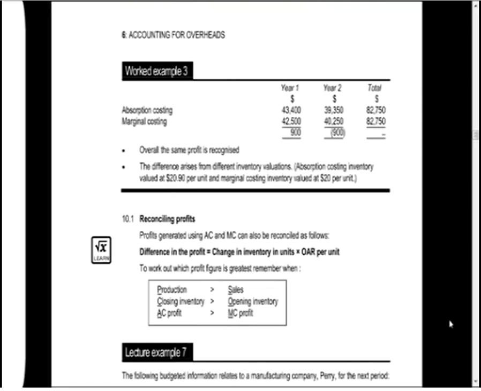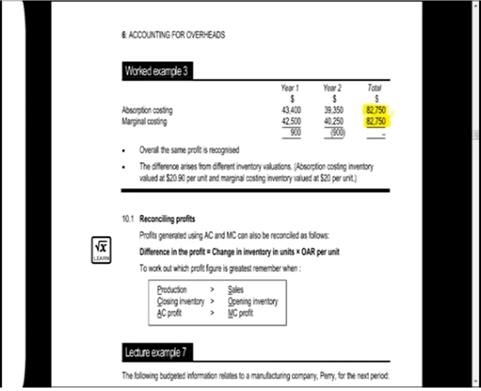In worked example 3, if we take the profits for each of the 2 years under absorption costing and marginal costing, we can see that the total profits are the same. However, the split between year 1 and year 2 is different, and the reason for the difference is because of the value of closing inventory.